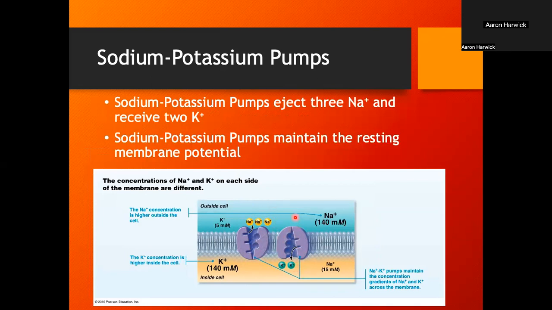And this starts changing the relative polarity between the inside and outside of the cell because you're taking these charged ions and you're changing their configurations. So basically, the whole idea is that the sodium-potassium pump depolarizes, repolarizes, or hyperpolarizes, and maintains resting membrane potential all through the interchange of sodium and potassium in varying configurations between the inside and outside of the cell.